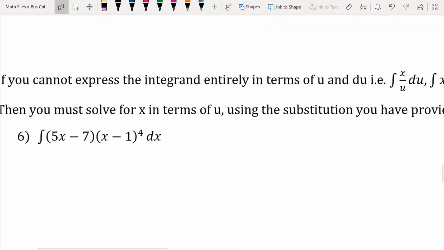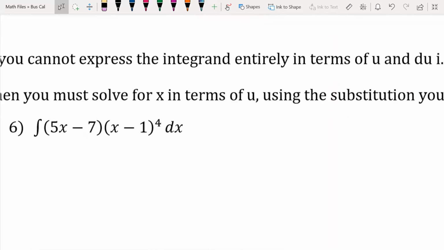Number 6, the integral of 5x minus 7 times x minus 1 to the 4th. For this one, 5x minus 7 looks complicated, but it's not as complicated as x minus 1 to the 4th power. So we are going to let u be my x minus 1.